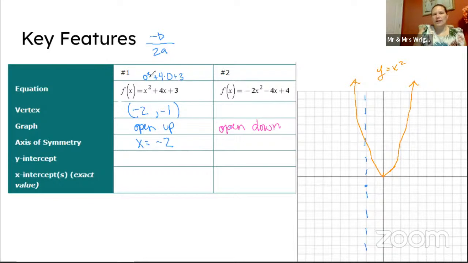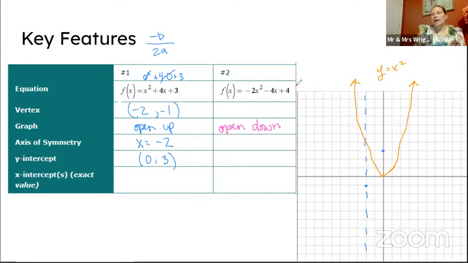Well, I really don't need a calculator for this because 0 squared is 0, 4 times 0 is 0, and I'm just left with plus 3. So my y-intercept, remember my x was 0, my y is 3. 0, 3. So 0 means I'm not going to the right or the left, and it's going to be up 1, 2, 3. It's going to be right there.